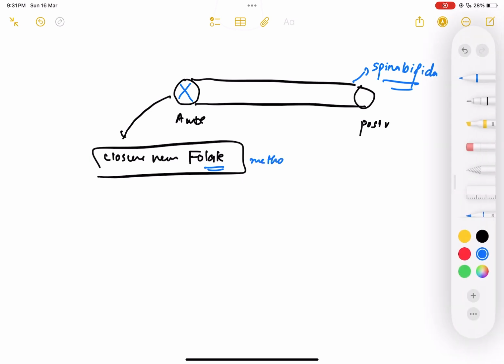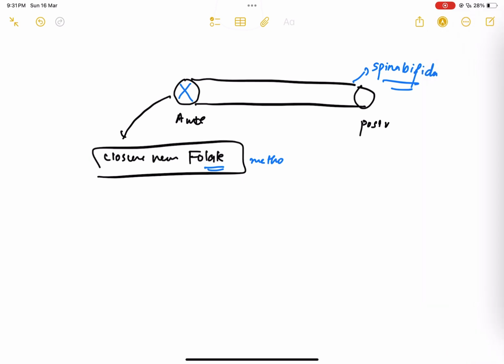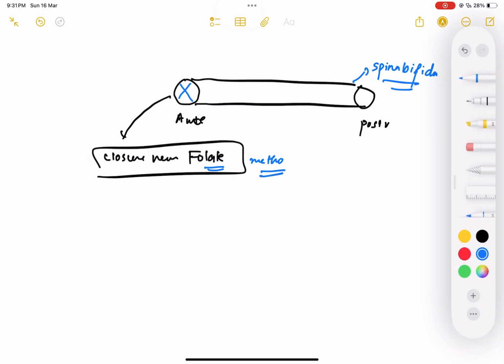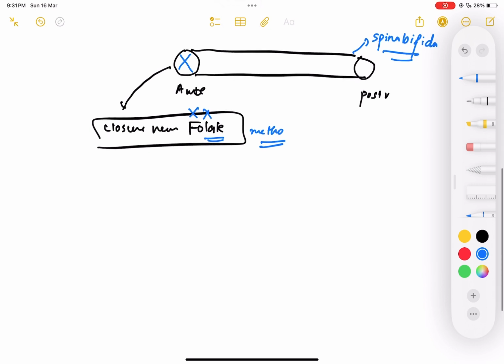Certain drugs, for example methotrexate, which you are already aware of, are simply anti-folate, right? So they can cause problems, for example the inability to close the anterior or posterior neuropore, and this child would end up with anencephaly or spina bifida, right?